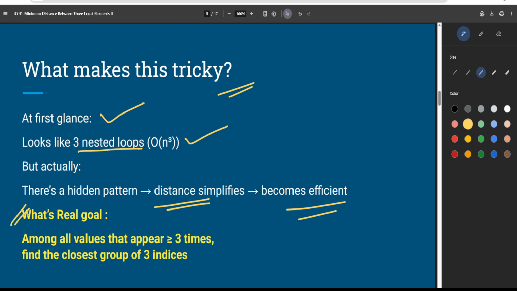Now the thing is, what's the real goal here? Among all values that appear greater than or equal to 3 times, we have to find the closest group of 3 indices.